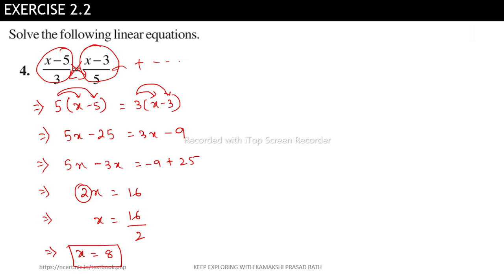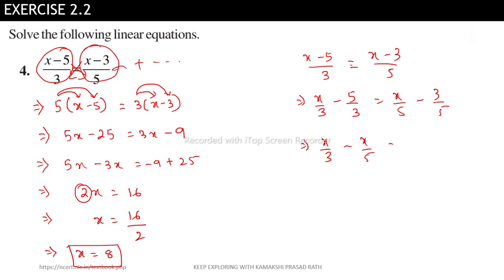Now the same equation can be solved in different ways. If we separate the numerator, x minus 5 by 3 is equal to x minus 3 by 5 can also be written as x by 3 minus 5 by 3 is equal to x by 5 minus 3 by 5. In this way also we can solve it. Next we'll shift: x by 3 minus x by 5 equals 5 by 3 minus 3 by 5.